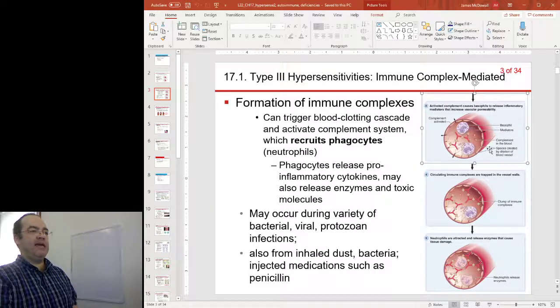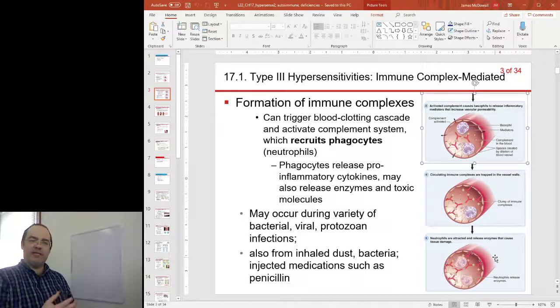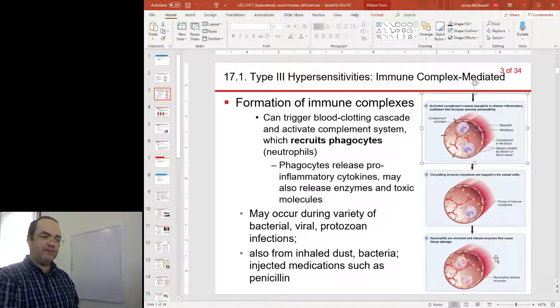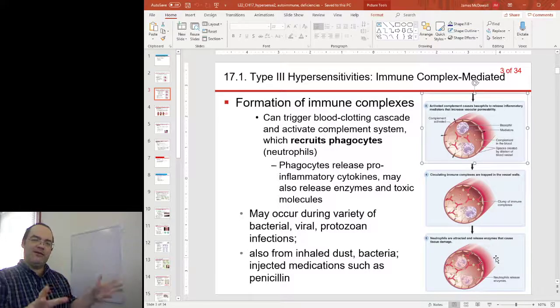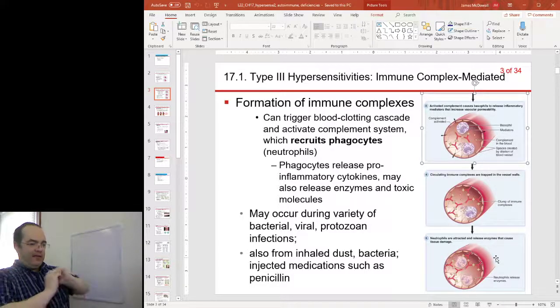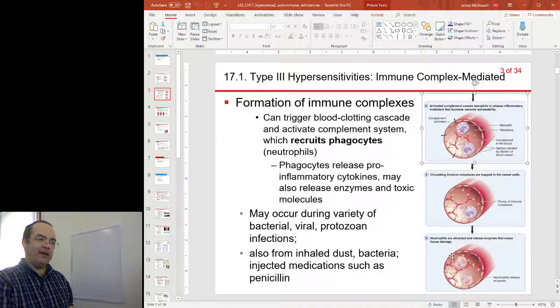In addition to making the vessels leaky, we have the recruitment of other immune cells. In this particular example, we have the recruitment of neutrophils, and then one of the damaging impacts of neutrophils is the release of toxic chemicals. The toxic chemicals are released in an attempt to destroy the antigen, but at the same time they have a detrimental toxic effect on the surrounding cells.